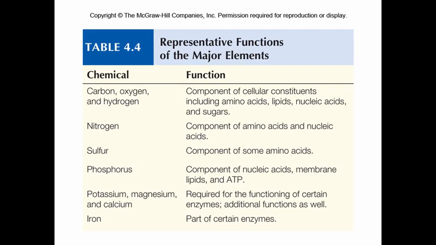What do amino acids get put together to make? Proteins, okay? Nucleic acids are your DNA and RNA. They require nitrogen. So if a bacterial cell is going to divide, it has to copy its DNA. If it doesn't have a good amount of nitrogen, it can't make more DNA because it's missing an important component of that particular macromolecule, okay?